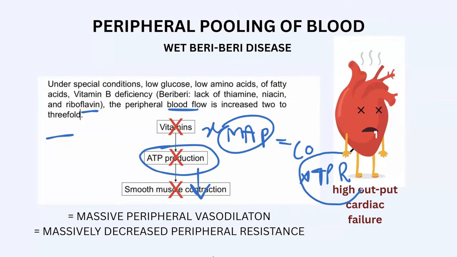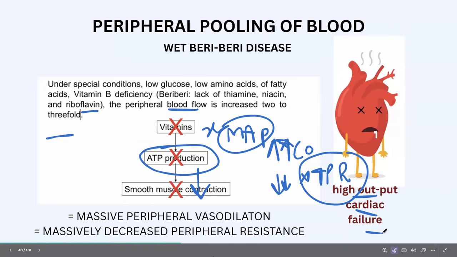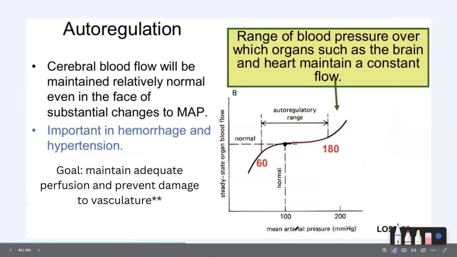If total peripheral resistance is massively decreased, that means to maintain a mean arterial pressure, you have to massively increase the cardiac output. That means the heart has to work harder and faster to maintain perfusion of tissues in the body, and that is going to cause a high output cardiac failure. Very important disease.